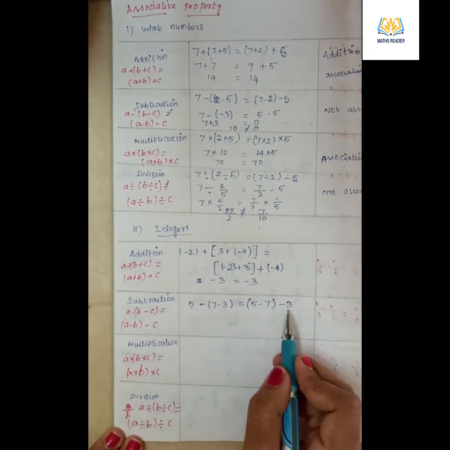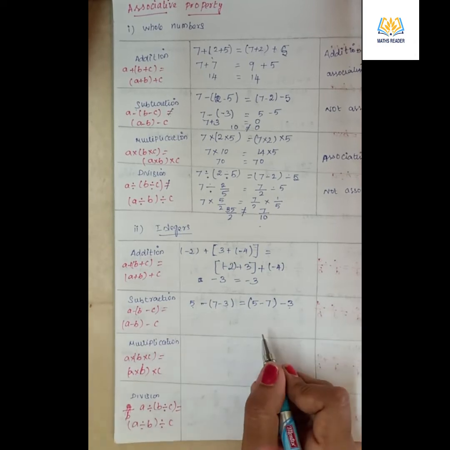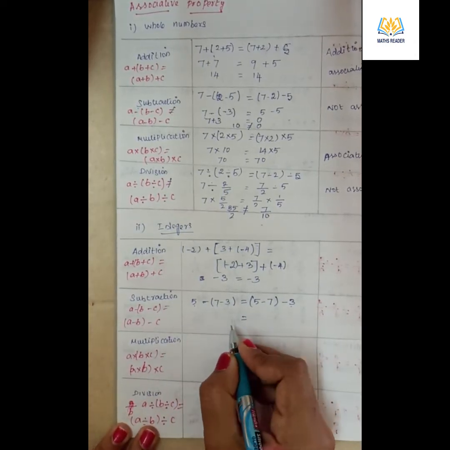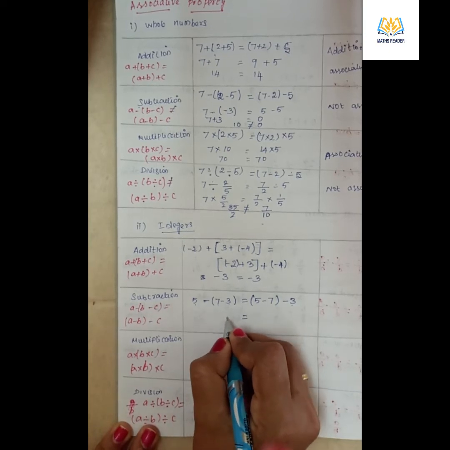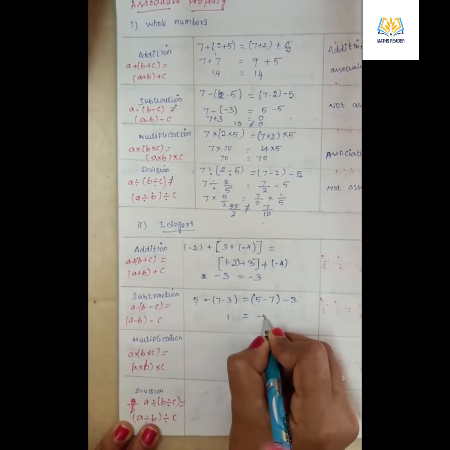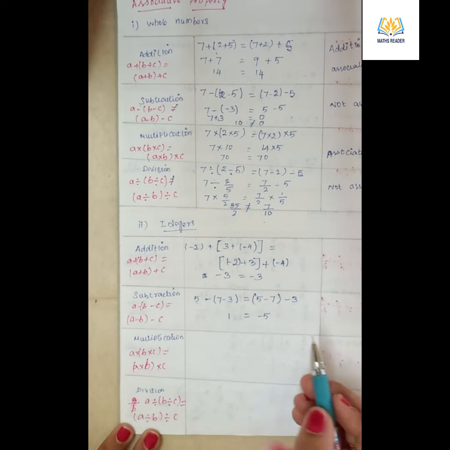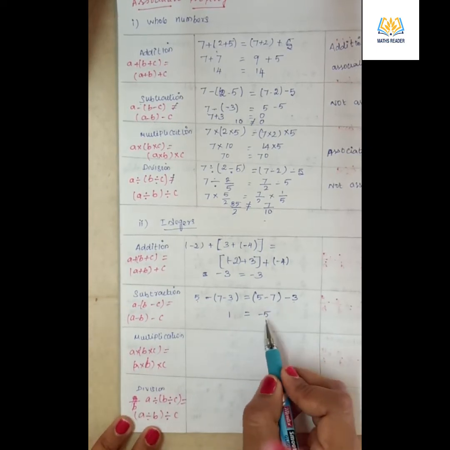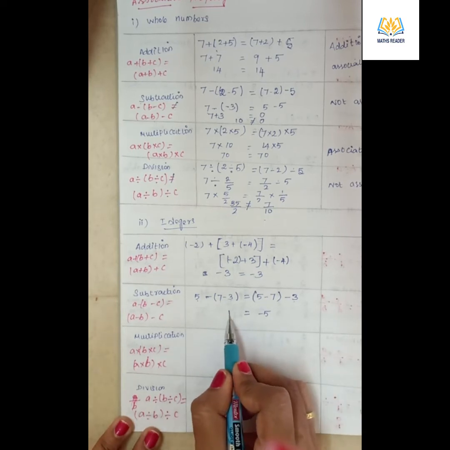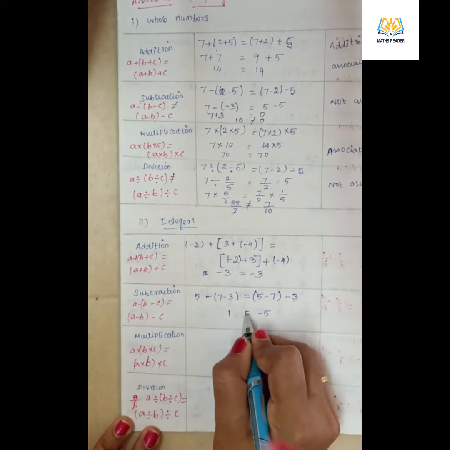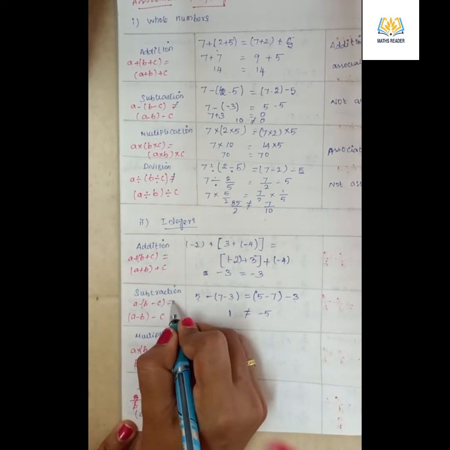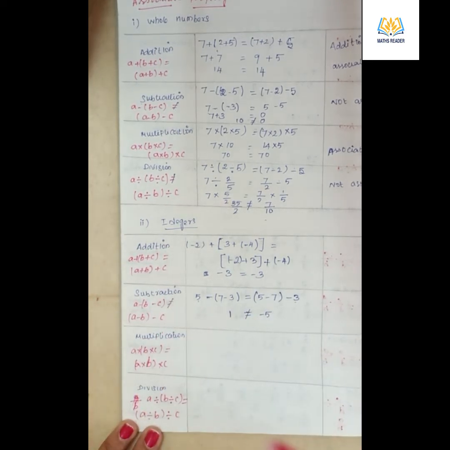Here minus 3, 7, 5 are integers. On this side 5 minus 7 is minus 2, minus 3 is minus 5. Left hand side we will get 1 as the answer. So 1 is not equal to minus 5. So the subtraction does not satisfy this associative property.